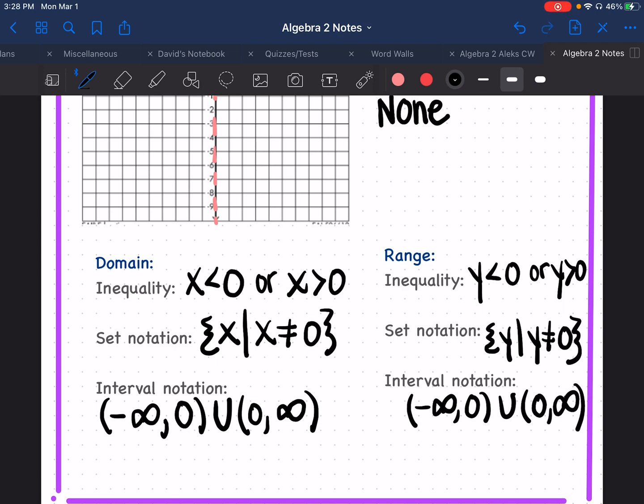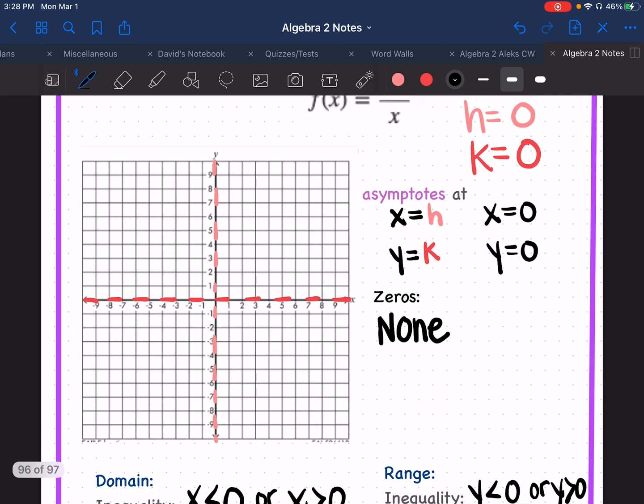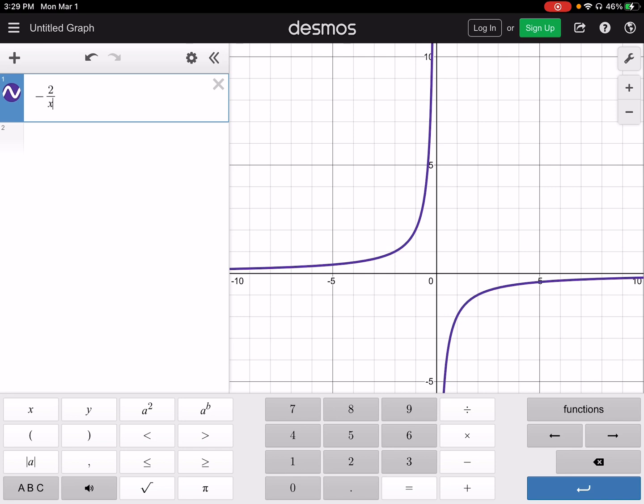There we go. All right, the last thing I need to do is go ahead and draw my two branches. Now what Alex is going to ask you to do is put your asymptotes, and then it's going to ask you to put two points on each of your branches.